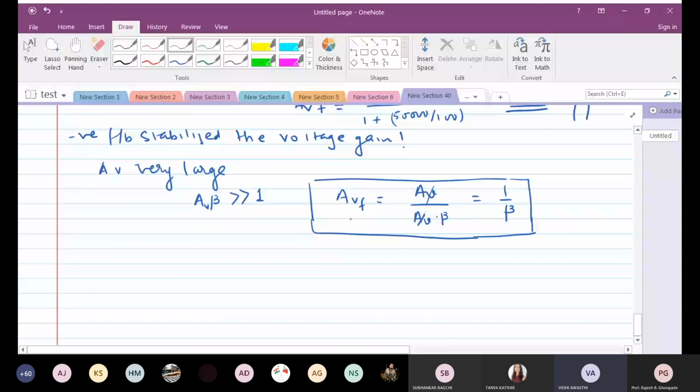That my overall voltage gain is virtually independent of the open loop gain. So the closed loop gain is virtually independent of open loop gain. So no matter what open loop gain changes, my closed loop gain is going to be rock solid.